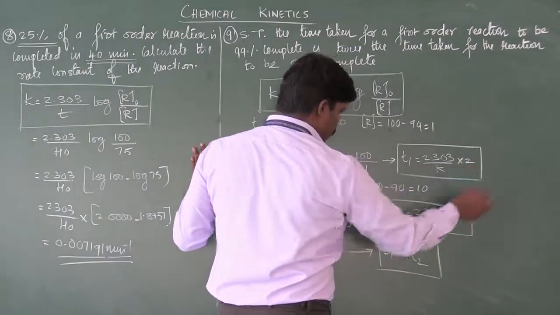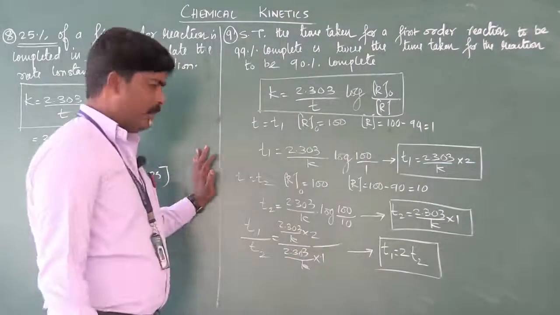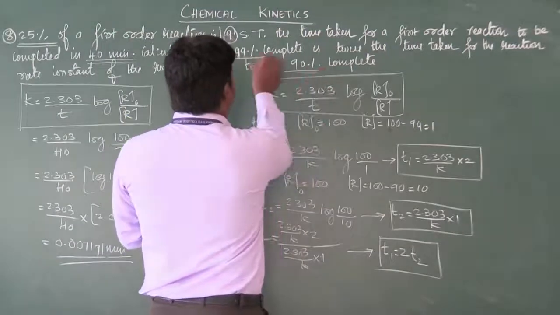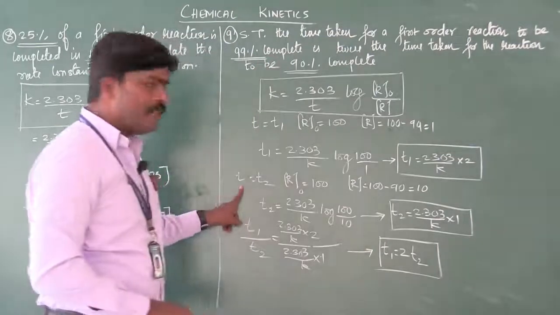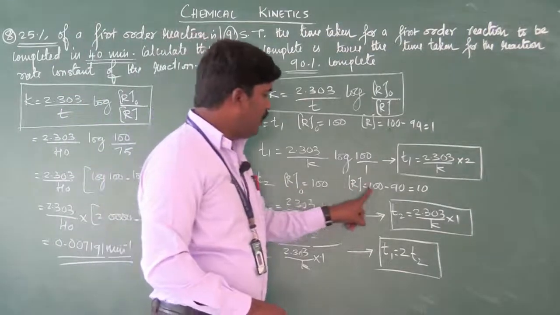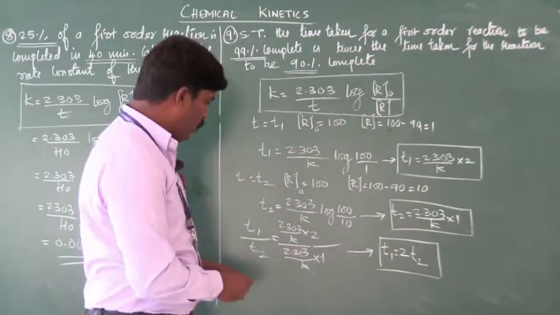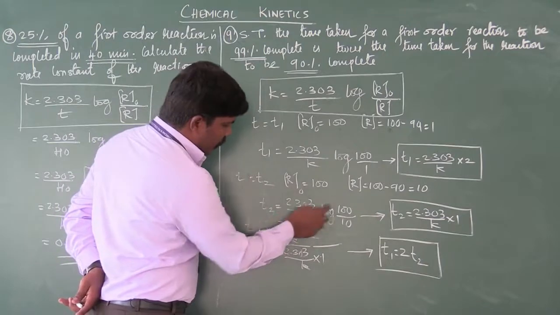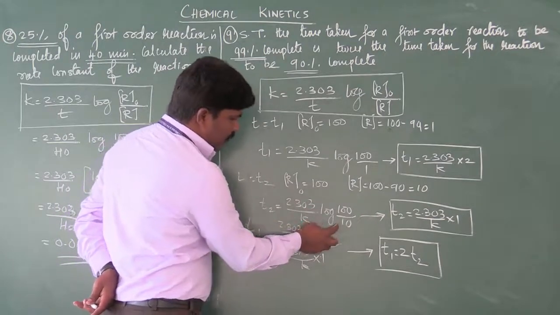Call this as equation 1, or we can call it as T1. Let us consider for 90% completion. Let us call the time T2. R naught is always 100, R is 100 minus 90, that is 10. Therefore, T2 is equal to 2.303 by K log 100 by 10, that is log 10.